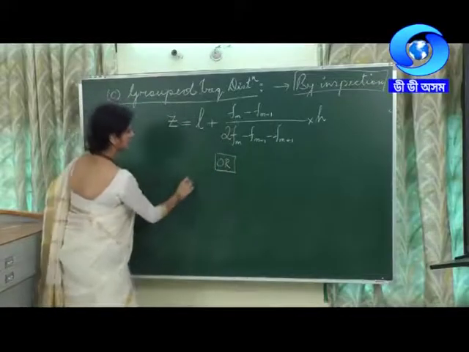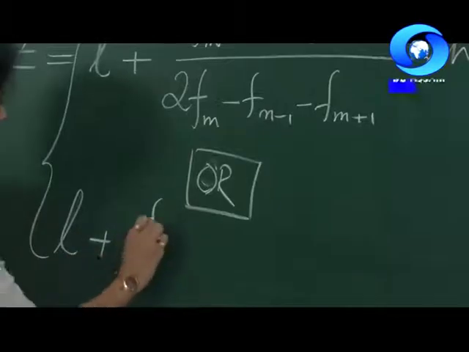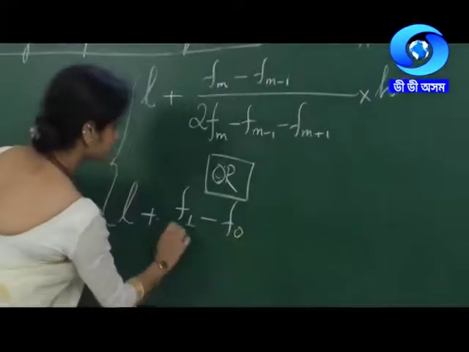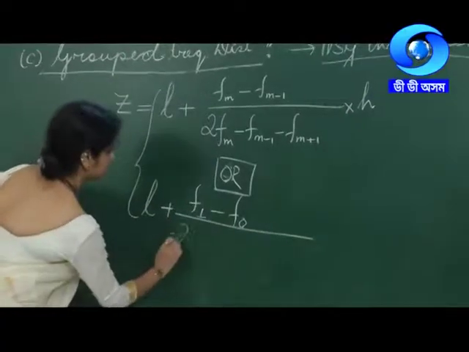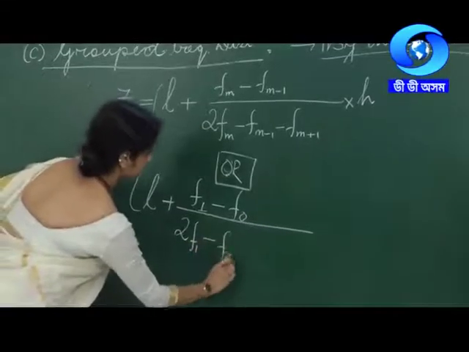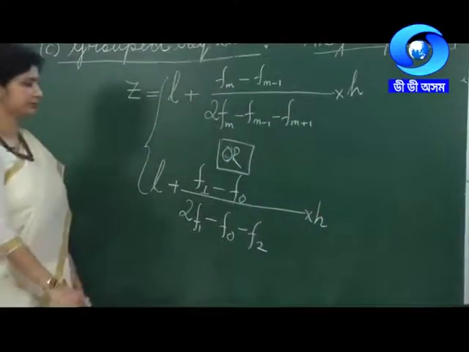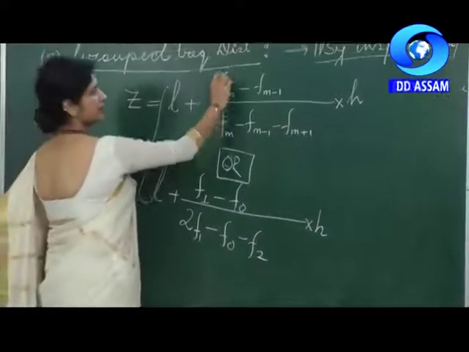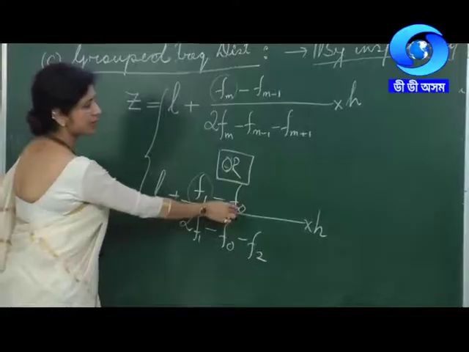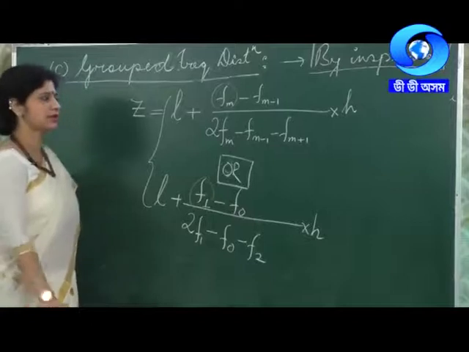The implication is the same. You can also write it as Z equal to L plus (F1 minus F0) by (twice F1 minus F0 minus F2) into H. Where Fm and F1 have the same implication, Fm minus 1 and F0 have the same implication, and F2 and Fm plus 1 have the same implication.